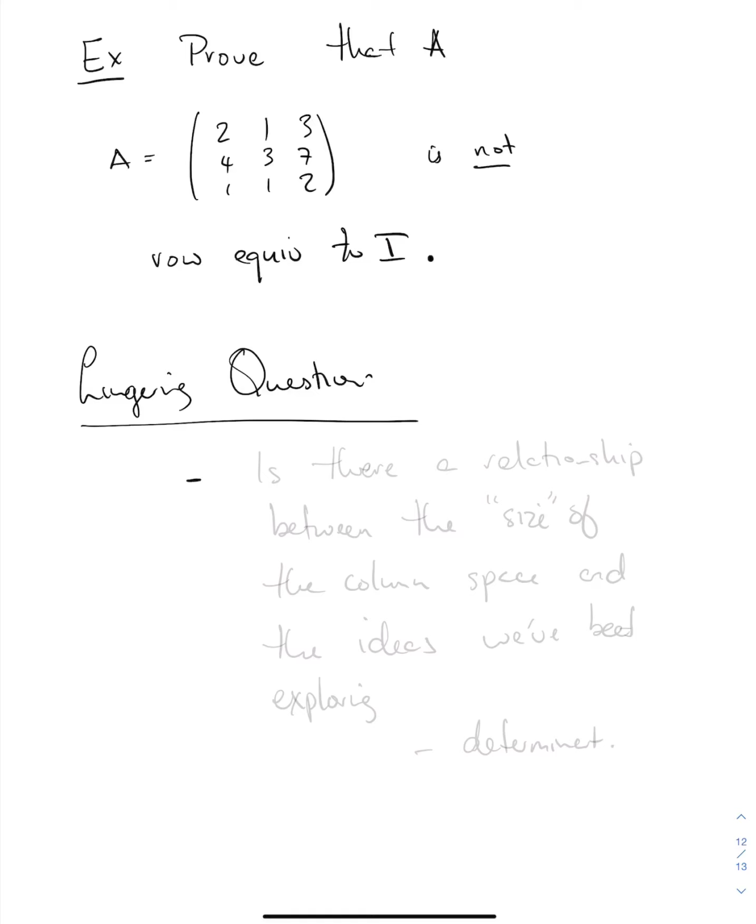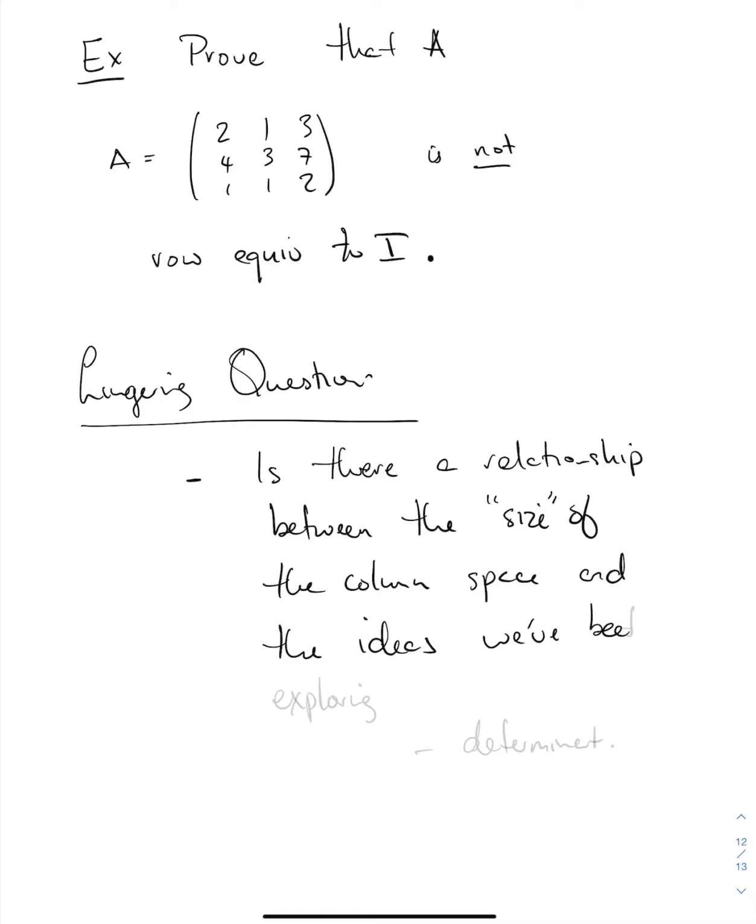In particular, if we take the span of the columns, is there a relationship between the size of the column space, however we define this, and the ideas we've been exploring, like, I don't know, the determinant?